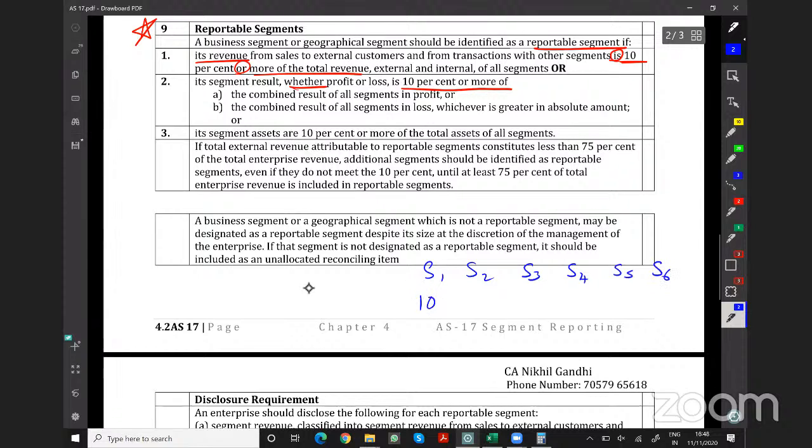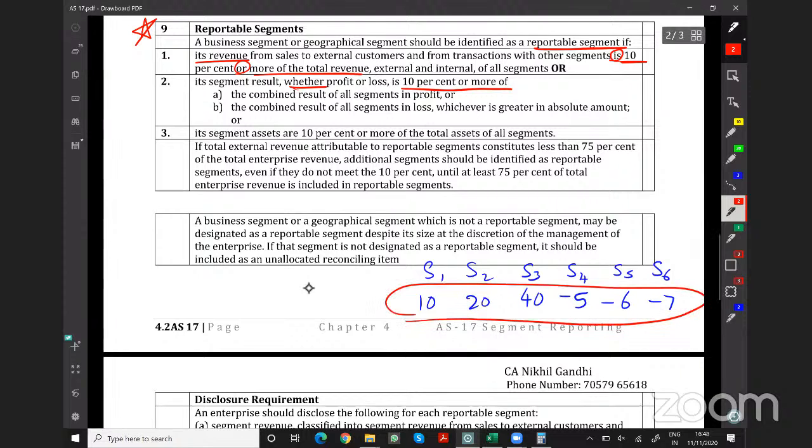Segment 1 has a profit of 10, segment 2 has a profit of 20, segment 3 has a profit of 40. Segment 4 has a loss of 5, segment 5 has a loss of 6, segment 6 has a loss of 7. So in this case, how should we calculate 10%? Because the total of all the profits will be 40 plus 20, 60, 70, 70.